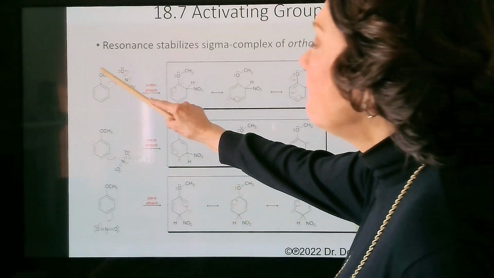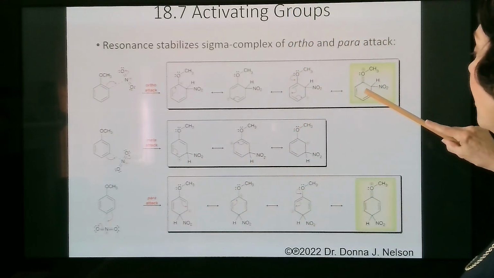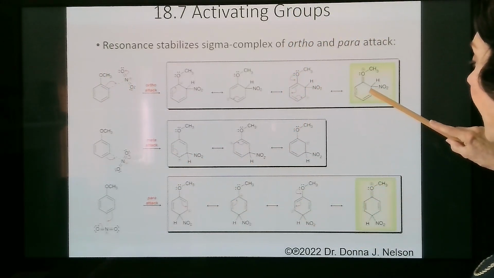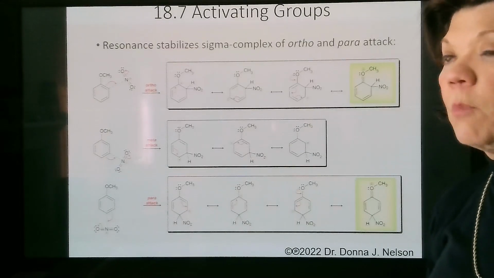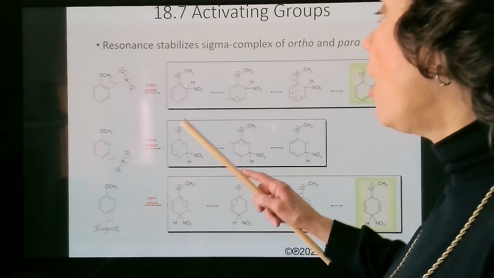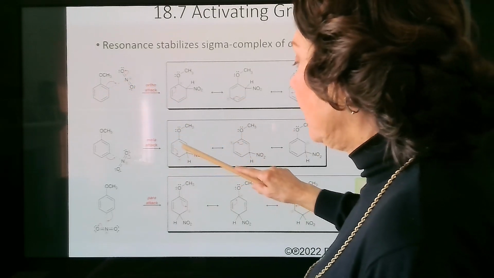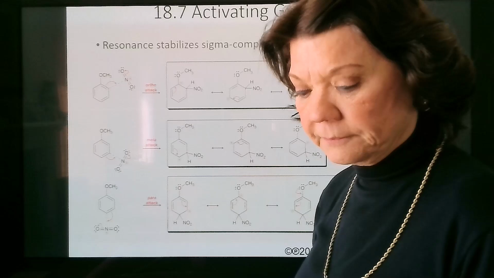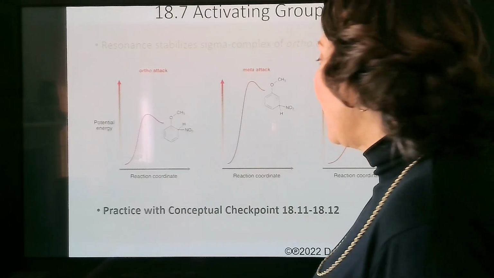And if you have an ortho-para director, you will get mostly ortho and para substitution, and in almost all cases, the rate of the reaction is increased because of the additional electron density provided in the ring. It makes the reaction easier, so it goes faster.